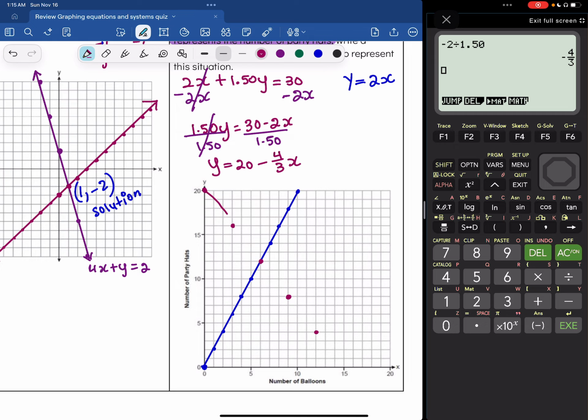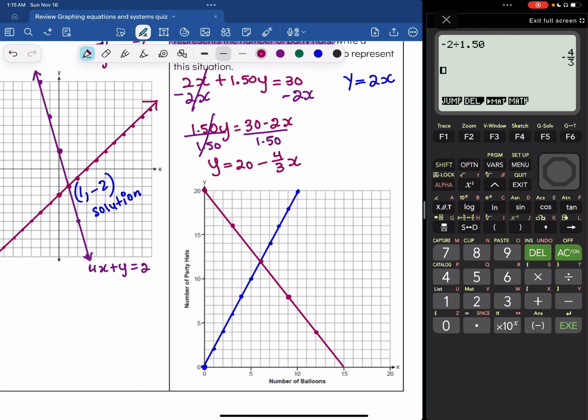And connect these points with a line. Again, notice I'm not putting arrows on these lines because at some point Anna will run out of money. So there's not an infinite number of solutions here.